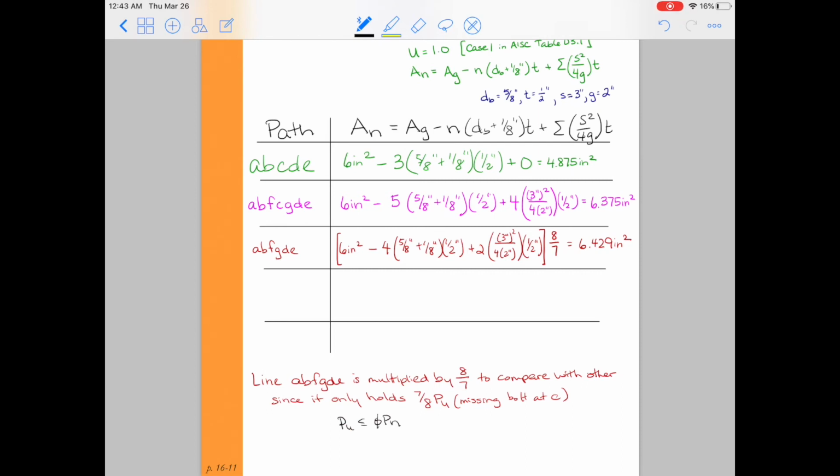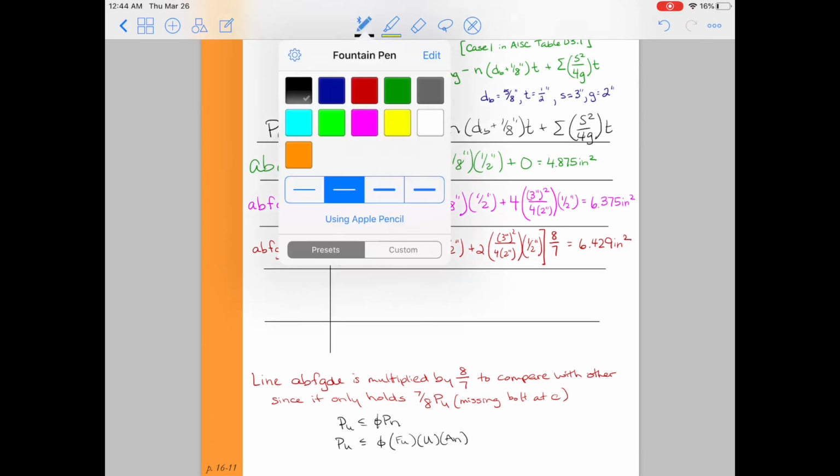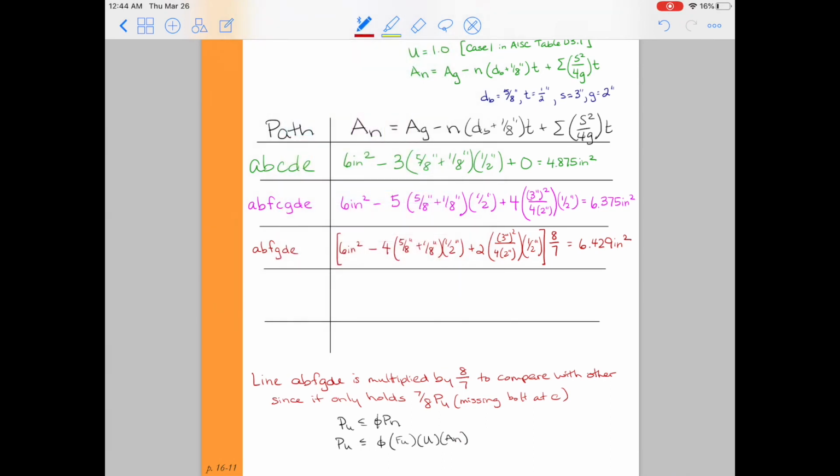I just want to remind you where the 8/7 comes from. When we look at P sub u less than or equal to phi Pn, and I'll draw this out, Pn is the ultimate stress times U times the net section area.